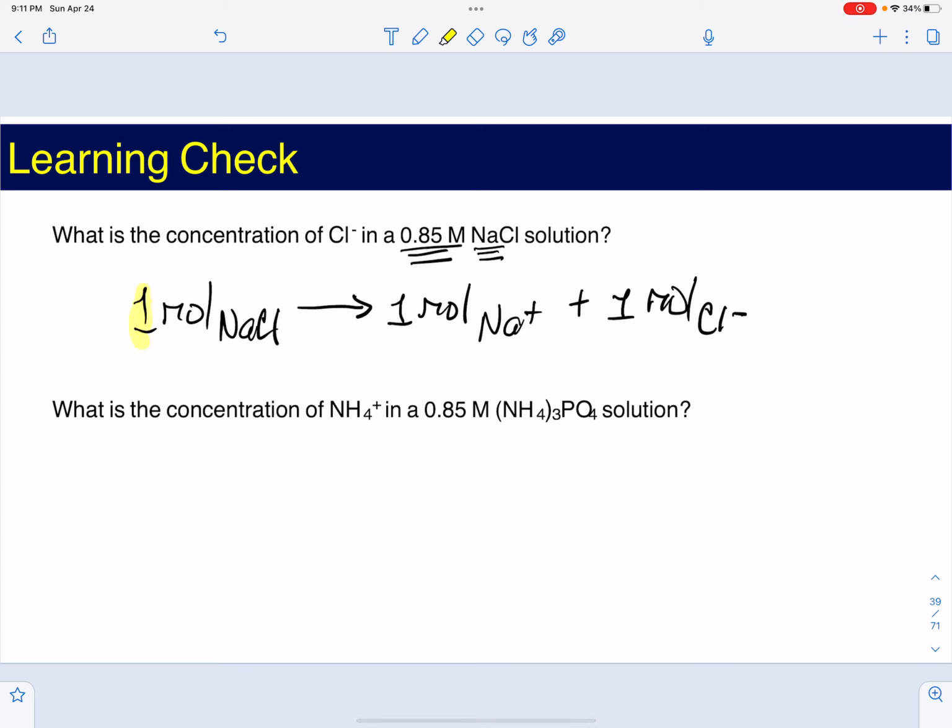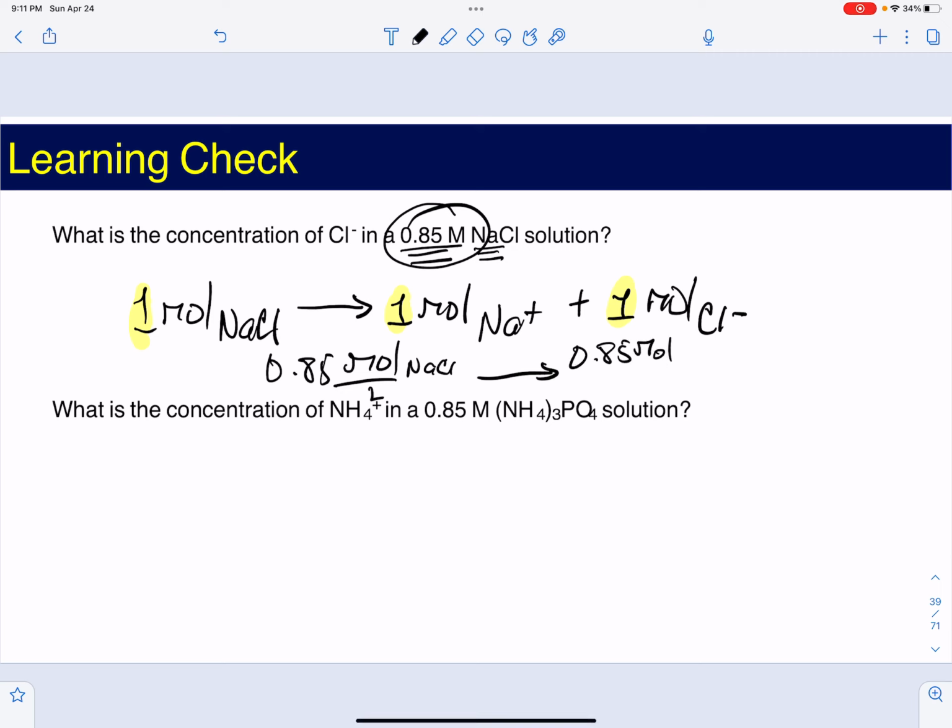So the relationship between the ions is 1 to 1, which means if you have 0.85 moles per liter of NaCl, then you're going to have 0.85 moles of Na plus for every 1 liter and 0.85 moles of Cl negative for every 1 liter. So the concentration of the ions, because it's all 1 to 1, is the same as the concentration of the actual compound. So the answer to this will still be the same.